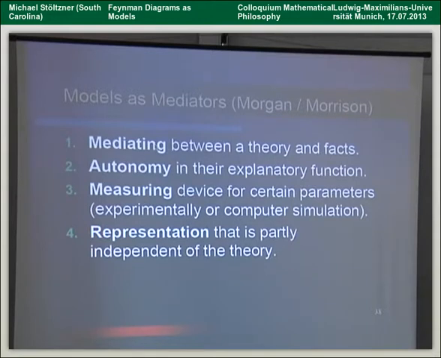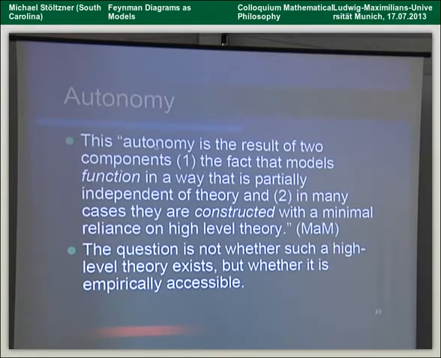So here the model is usually some real device, and the autonomy is the result of 2 components: the fact that models function in a way that's partially independent of theories, and they are constructed with a minimal reliance on high-level theories. Attention, the theory might be always there, okay? In that beautiful formal sense as you can write down a quantum field theory.